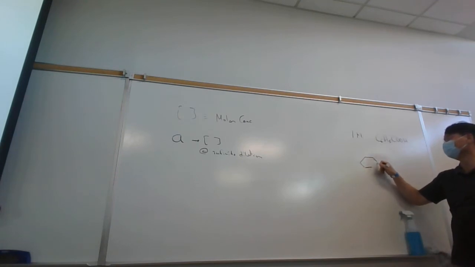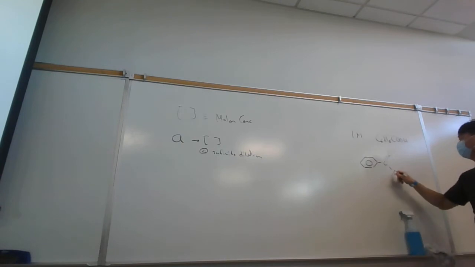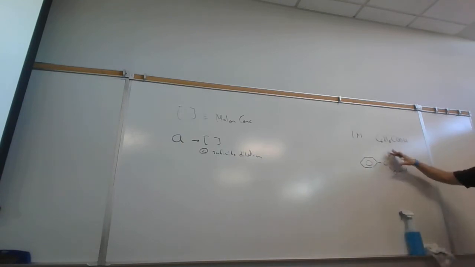So a lot of people write the benzene ring shorthand like this, and then do the same here. So we have this, but what happens is that we get 2 of these things lined up.